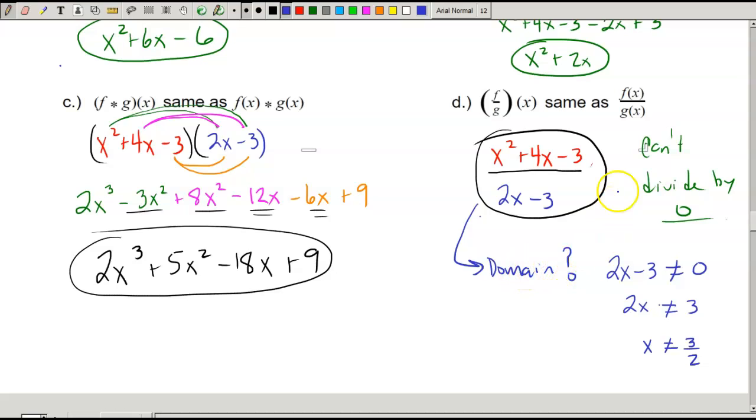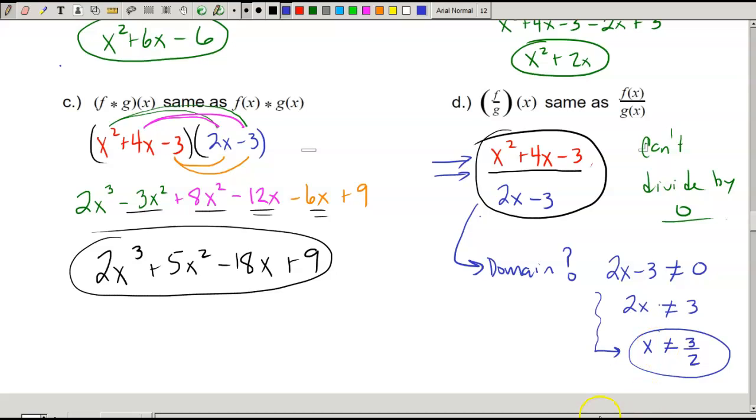So the domain, if you were asked for what the domain is of this problem, you would say you could plug in any number into this circled part right here. Any number would be fine, but the one number that wouldn't work would be 3/2, because whenever you have a fraction, which we have a large fraction here, you can't divide by 0, and that implies that 2x minus 3 cannot equal 0. So therefore, if you go ahead and solve this, that means that x cannot equal 3/2.